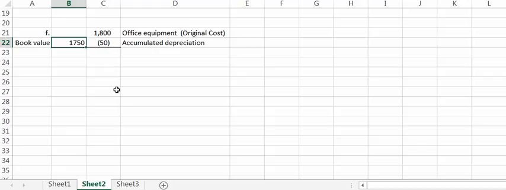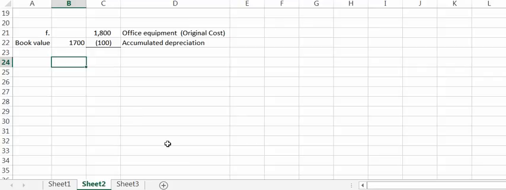Now, this would be at the end of year one. If we're depreciating at $50 every year, at the end of year two, accumulated depreciation would be $100, and this would go down to $1,700. But since expenses start each year with a zero balance, depreciation expense in year two would be $50 again.